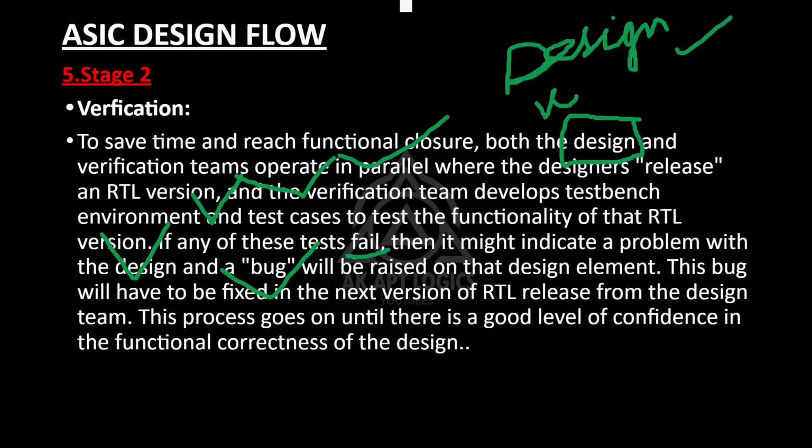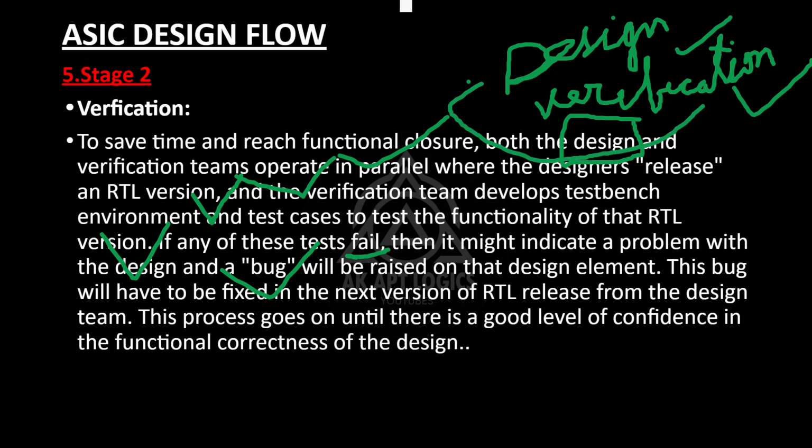The verification engineers write the TB, the test bench, which is used to apply the test cases to the design. After applying those test cases, if we have any errors or notice any unusual things, then the verification engineer will raise a ticket to the design engineer using the Jira application.